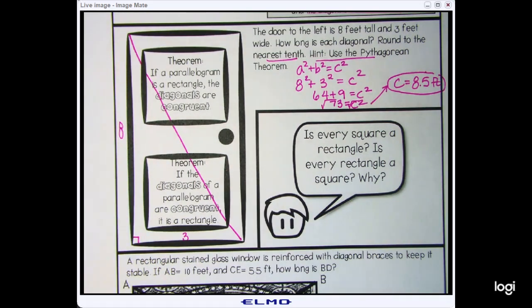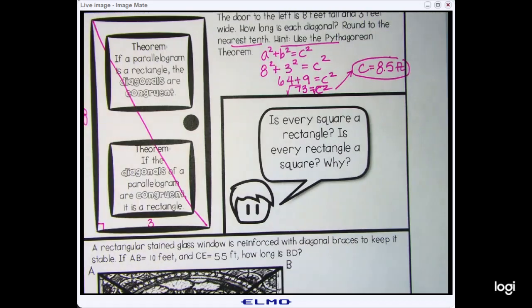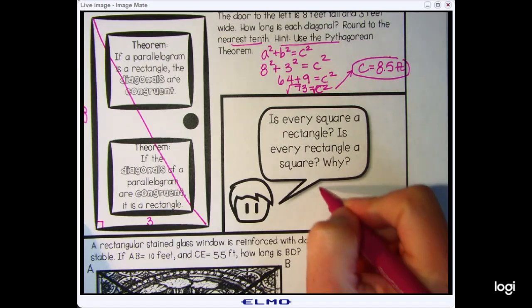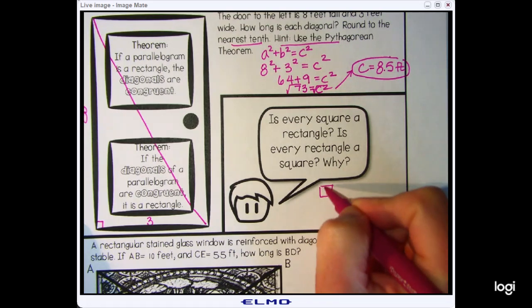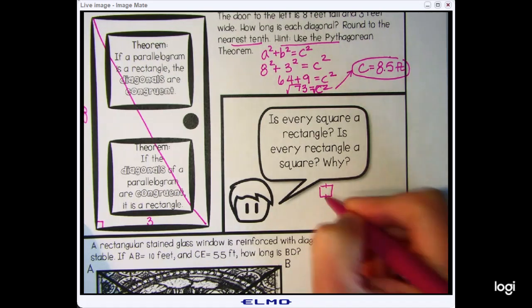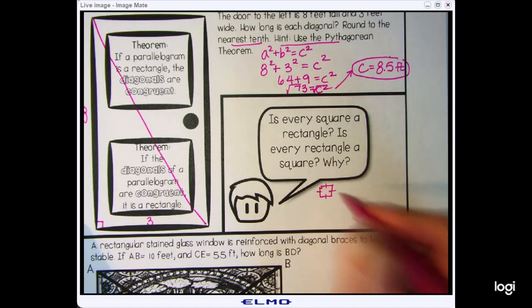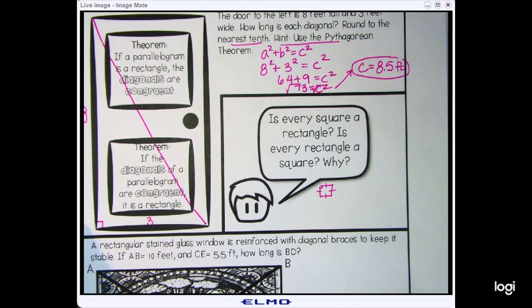All right. Now this is a question you've heard before. Is every square a rectangle? All right. Here's a square. Opposite sides are congruent. We know a square has 90-degree angles.